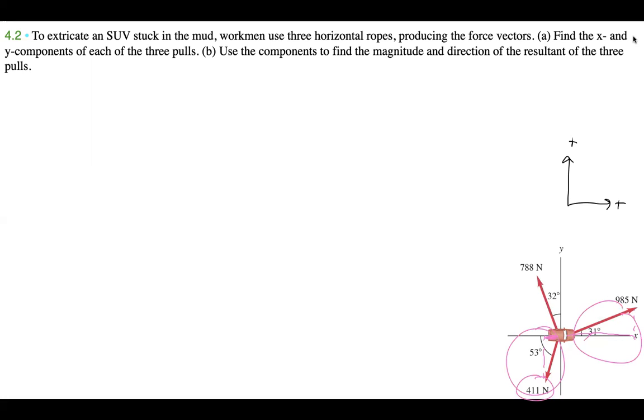Okay, now what about this third one? So we have this one, right? And we also have this x component right over here, right? Because that's like the projection in the x direction. And we can see here that this is negative, right? So this is pointing in the opposite direction.